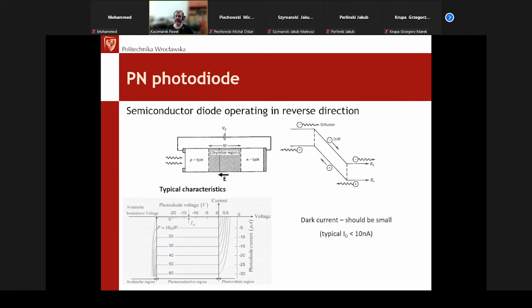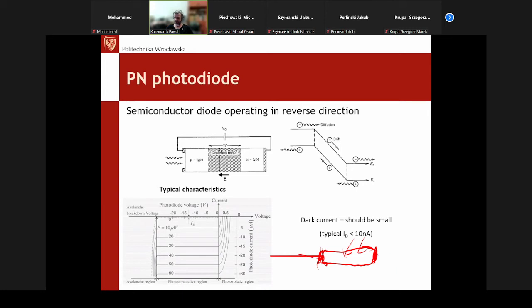Historically, for example, some photoresistors, they were the first photodetectors which were available. So we had just one single type of the semiconductor with 2 electrodes, and applying light to such a photodetector.